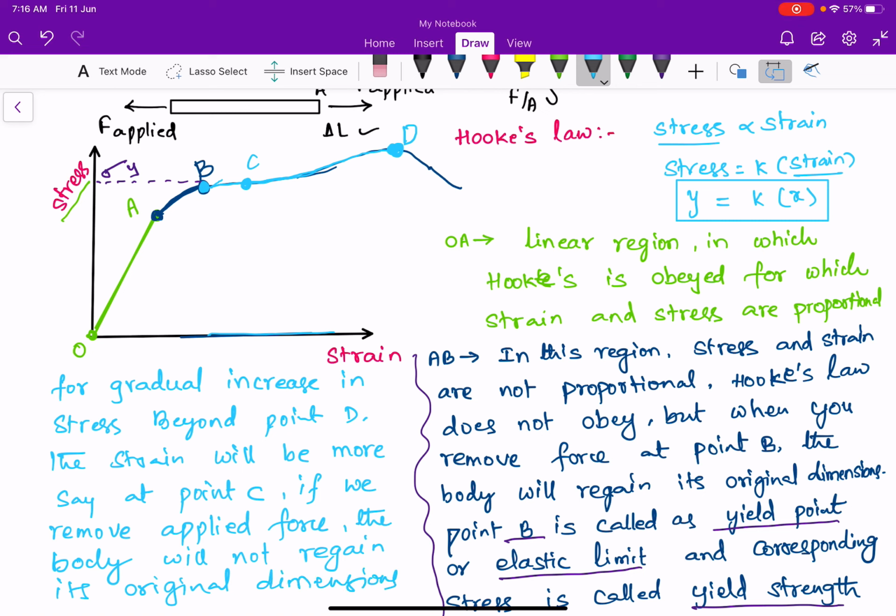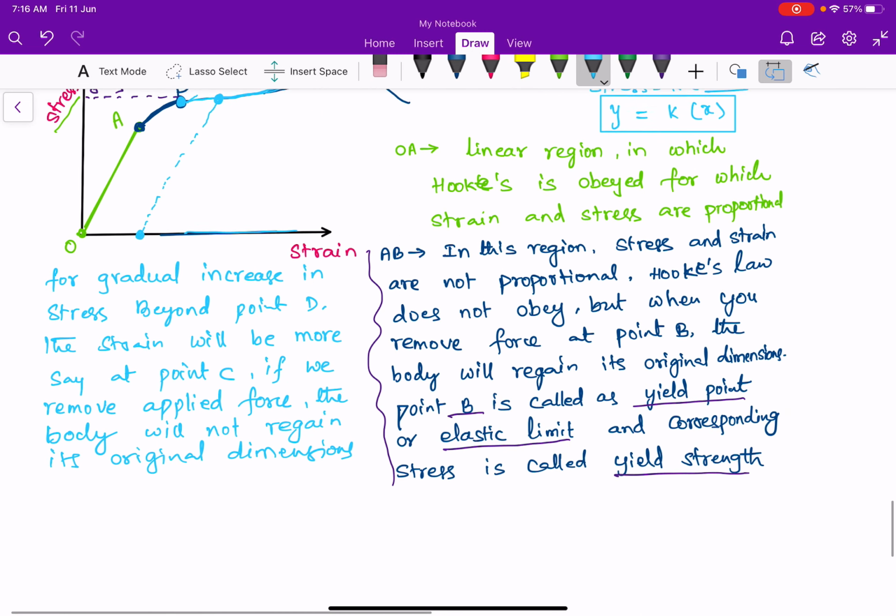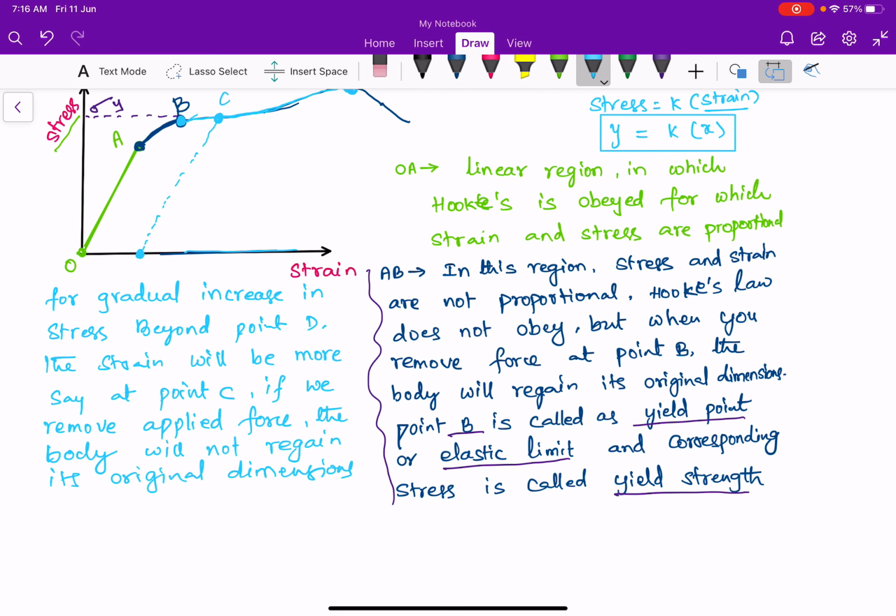The body will not come back to point O when we release at point C. When we release the force at point C, the body will come to some other position like this. So even when stress is 0 at point C, strain is not equal to 0 in this case.